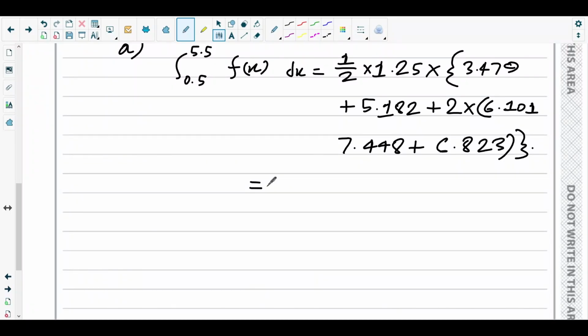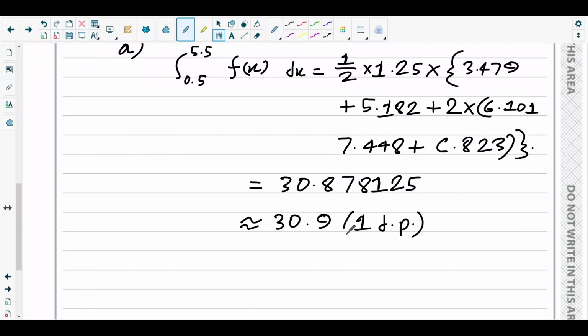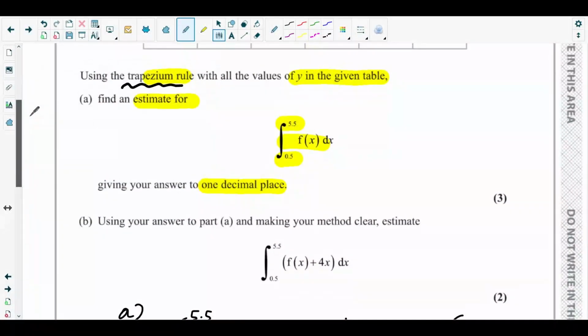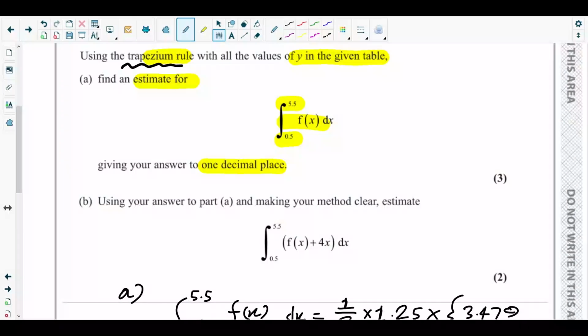That gives 9881/320, which is 30.878125. Since the question asked for one decimal place, this is 30.9 to one decimal place. Simple process, and that's what part A has asked for.